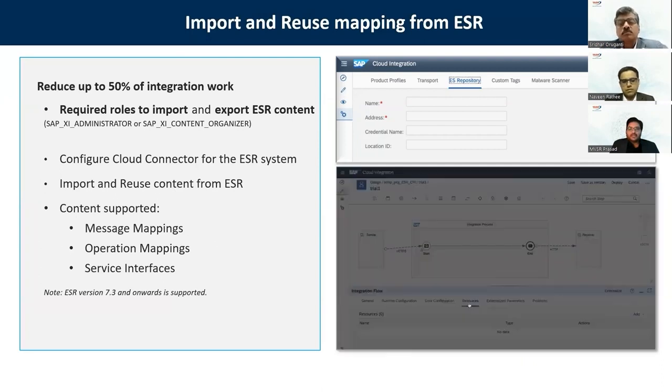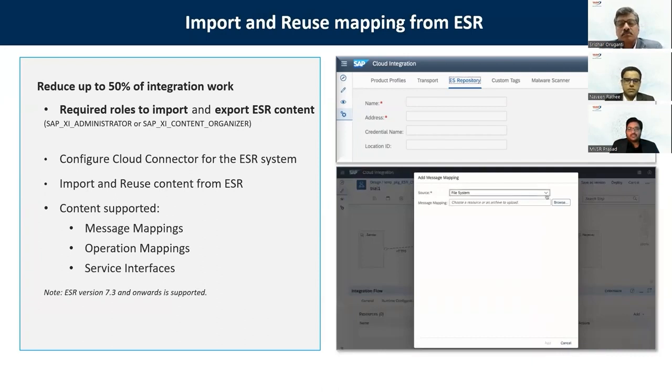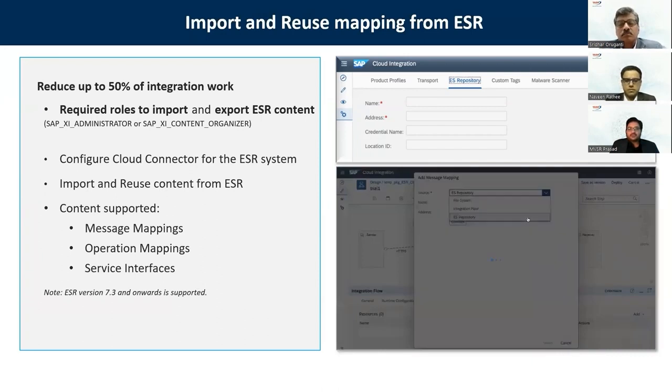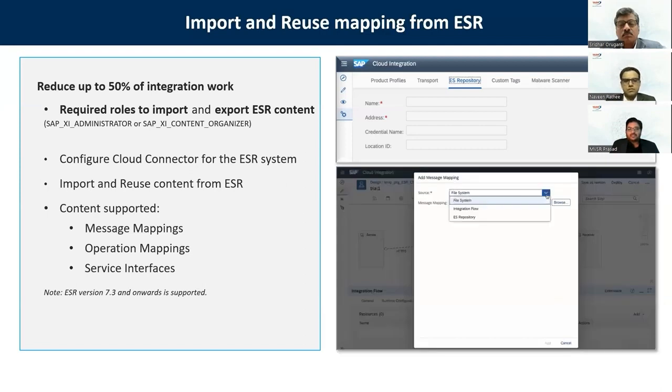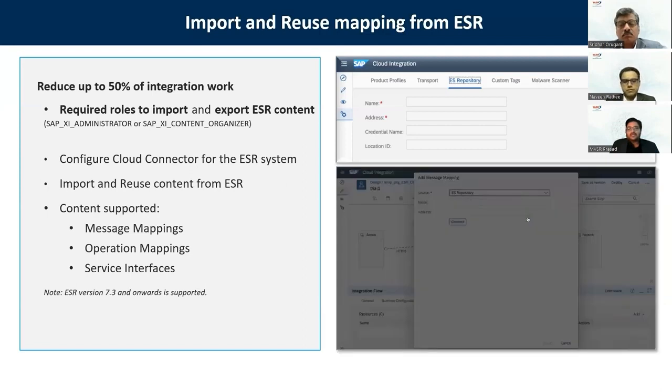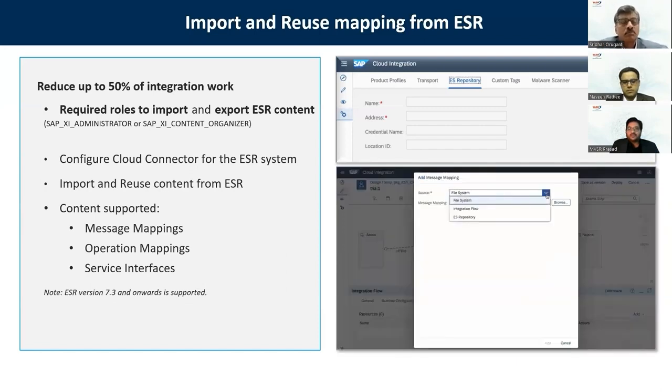What content is supported now? Message mapping, operation mapping, and the service interfaces which were there in the PO are supported. However, SAP recommends ESR version 7.3 onwards. For previous versions, customers need to upgrade to 7.5, and then they can do the migration assessment, because the assessment tools are compatible with 7.5 onwards only.